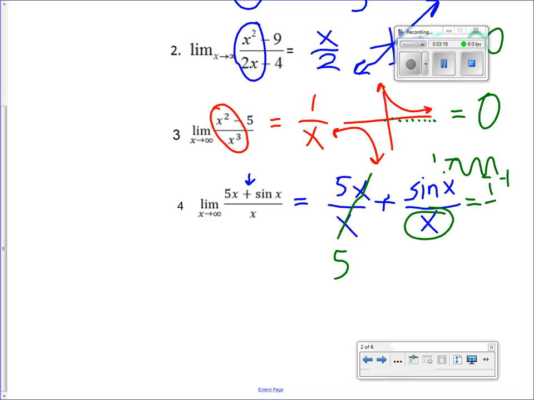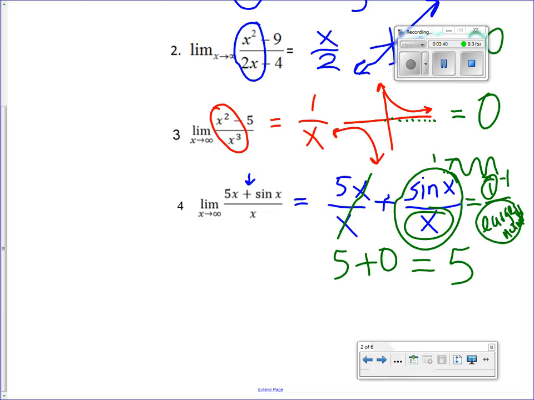So think of this as 1 divided by a very large number. If you have 1 pizza and you divide it into a large number of pieces, the larger your number gets, the smaller your pieces get. So this thing goes to 0. So the limit here is 5.